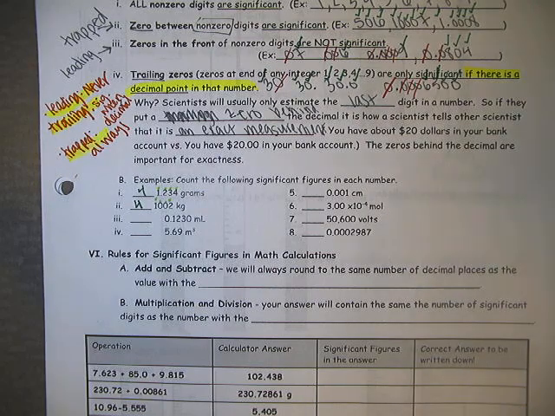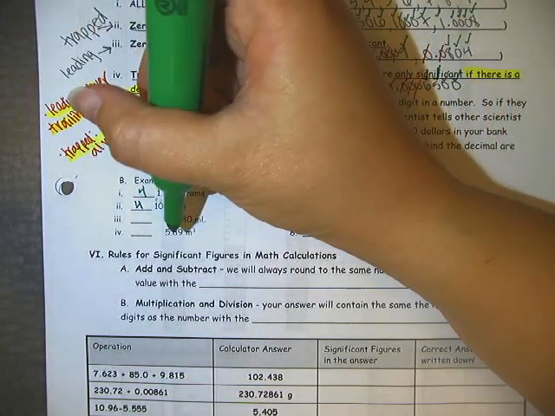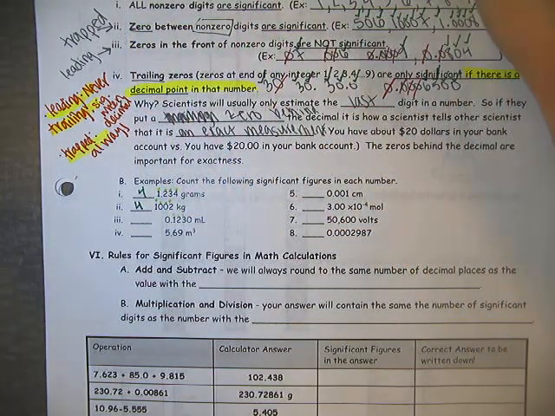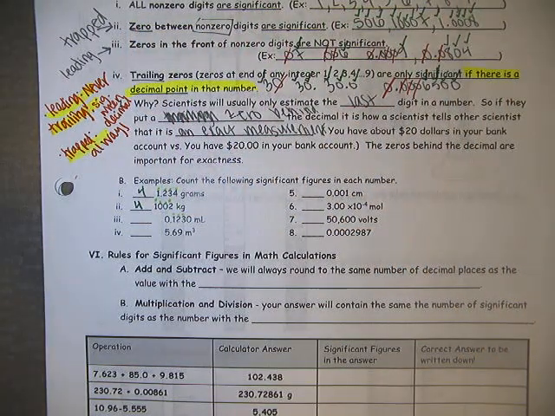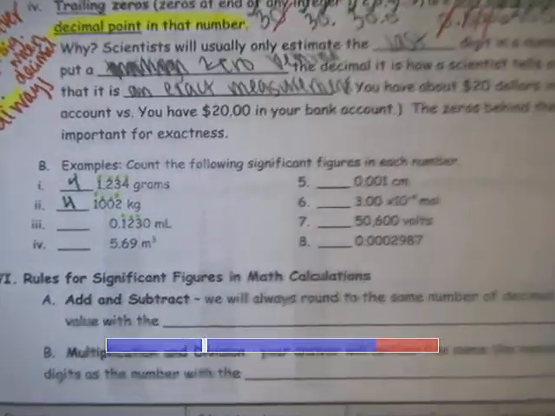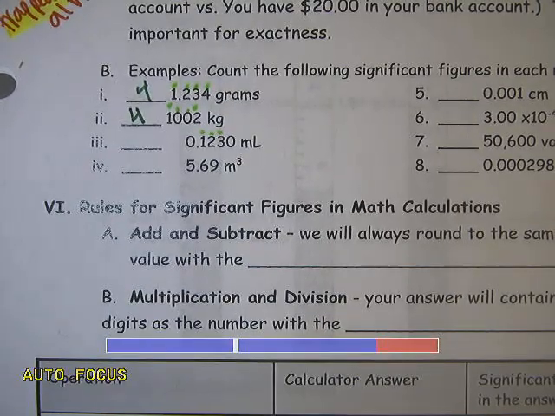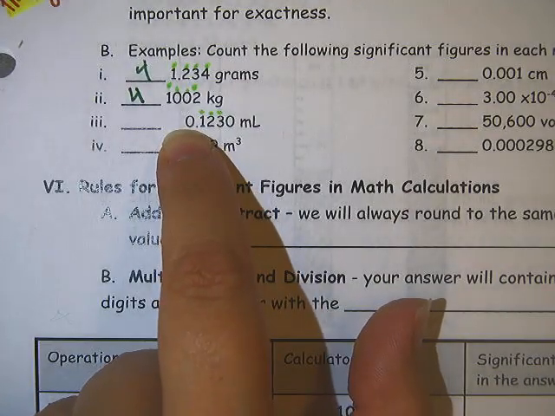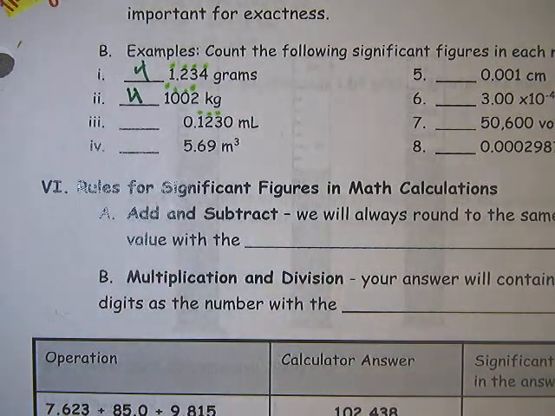All right, next part is I have a 1 and a 2 and a 3, so I'm automatically going to say each of those are significant. So the 1 and the 2 and the 3 are significant in that number. What about this 0 in front? What type of 0 do we call that? Leading 0, which is never significant.